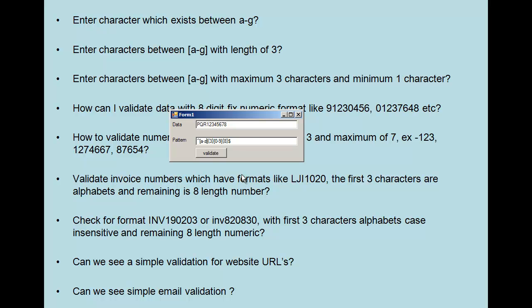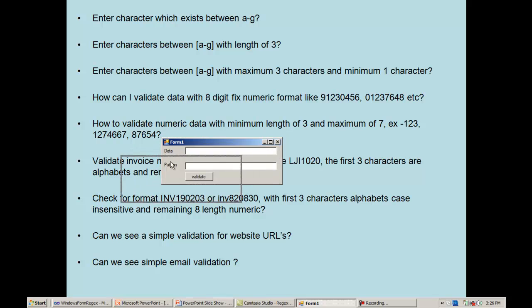So what we need to do is say here A to Z, in other words, also take the capitals. Now this will give me true. So either A to Z small or A to Z capital. So that was our next question: check for the invoice number format with first three characters, either alphabet case, either capitals or small.